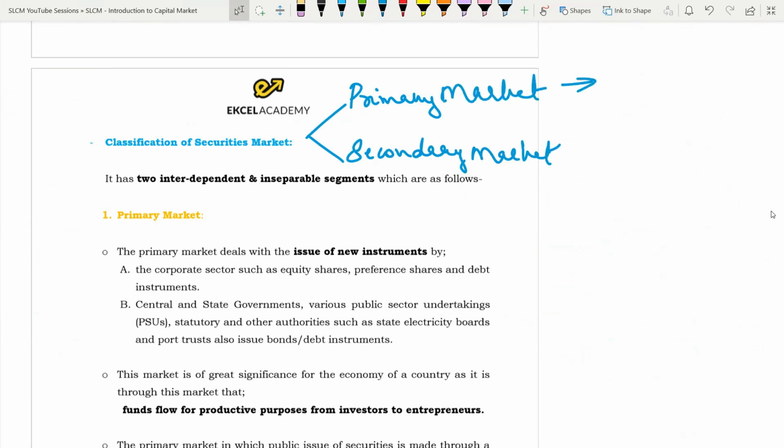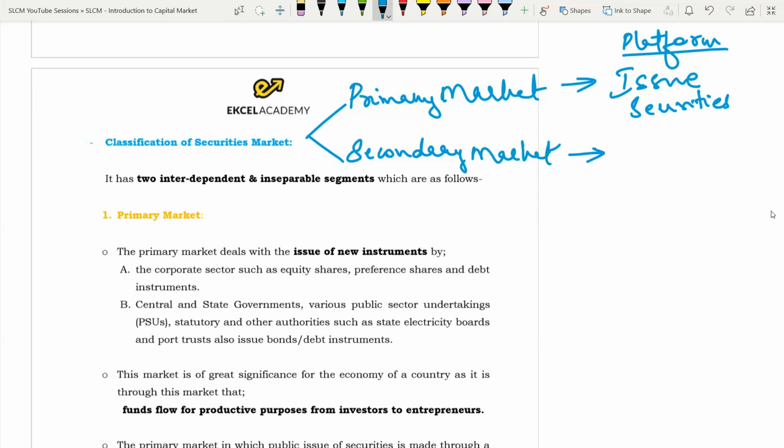What is primary market? That platform where we are going to issue the securities for the first time is called as the primary market.